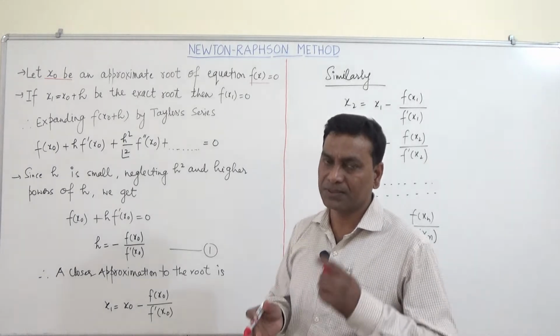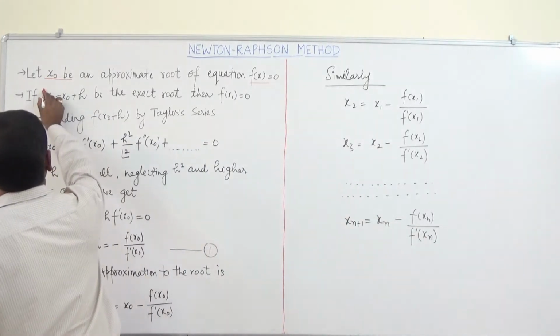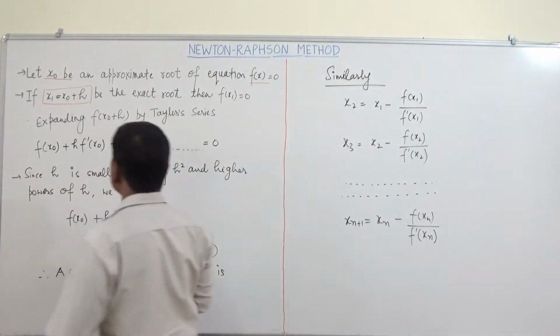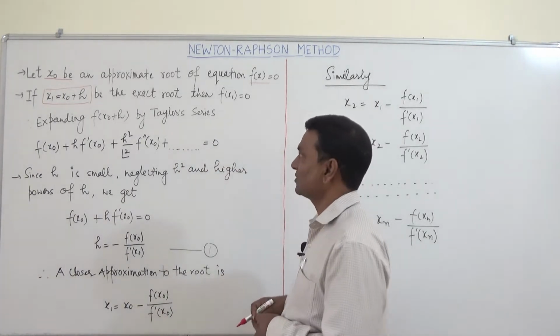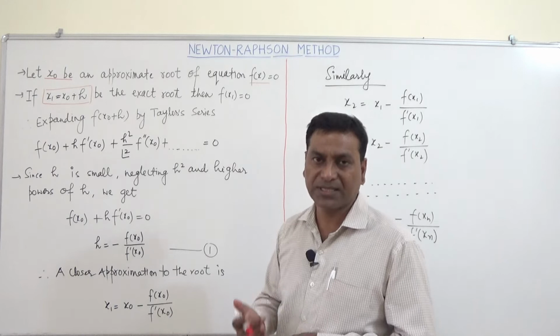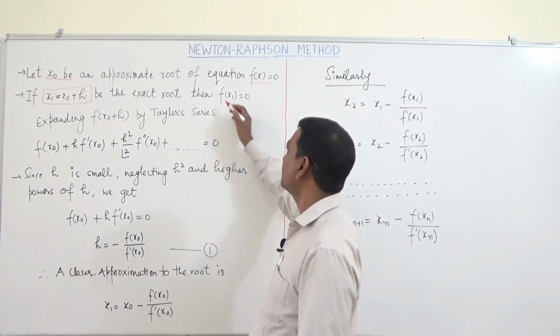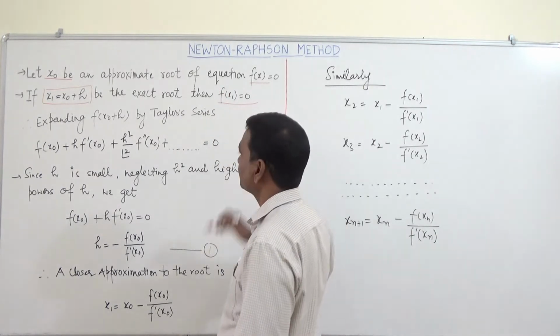We are adding some value h here, so x1 equals x0 plus h, and this is the exact root. If x1 is the exact root, then obviously f(x1) will be 0. So this gives f(x1) equals 0.